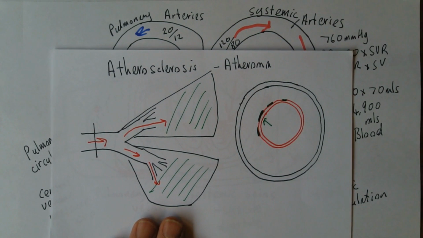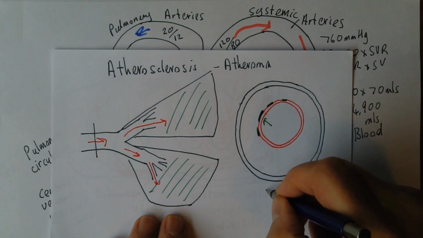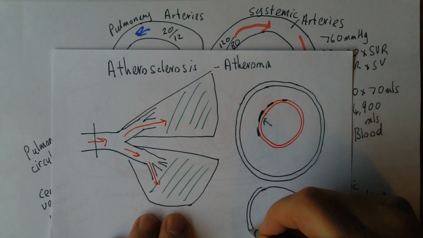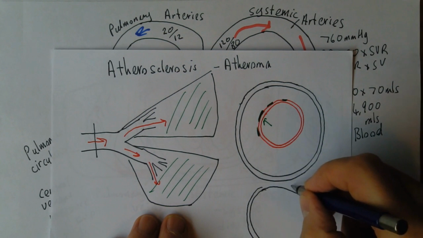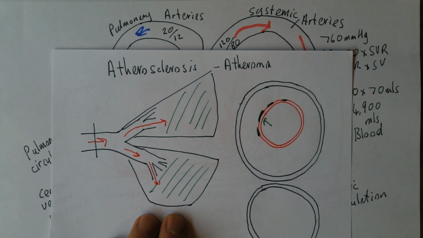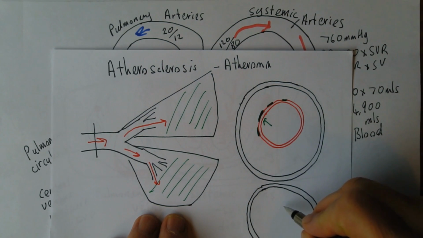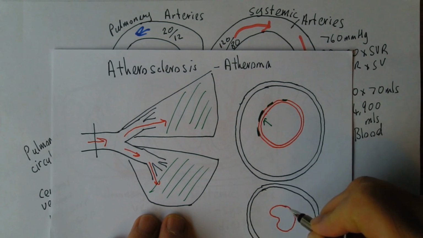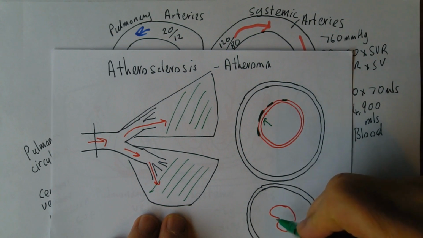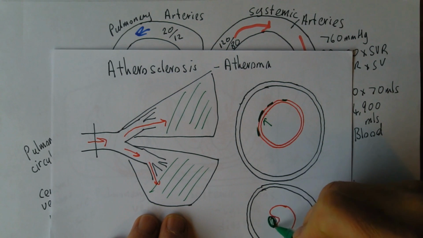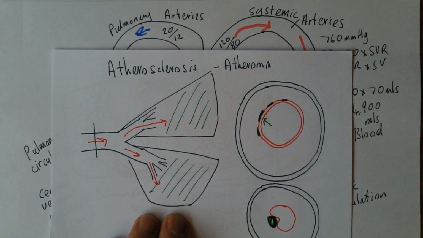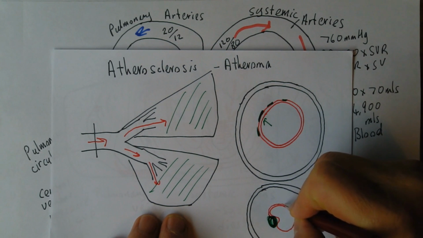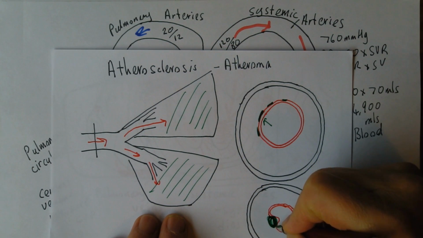Then over time, what happens is you have the artery, the adventitia as normal, but underneath the tunica intima we develop an area of atheroma like this, underneath the tunica intima. So that's the tunica intima there.